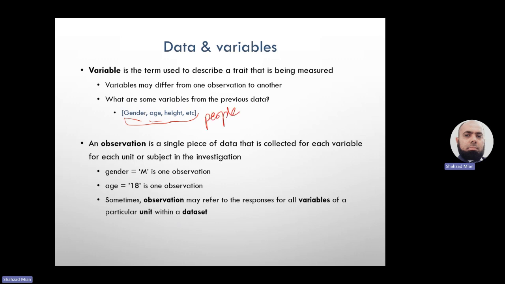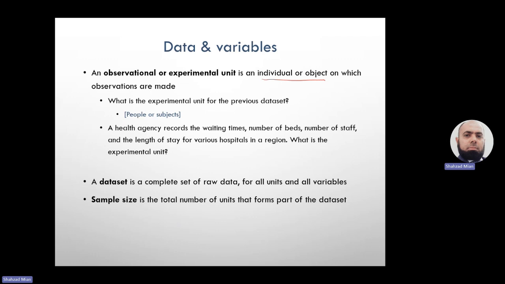Let's take another example: a health agency records the waiting time, number of beds, number of staff, and the length of stay for various hospitals in a region. What is the experimental unit? We can say that what we are experimenting on is the hospital, which defines all those things. As we saw in our previous example, we were looking at people, gender, age, and height, so the experimental unit in that case was people.